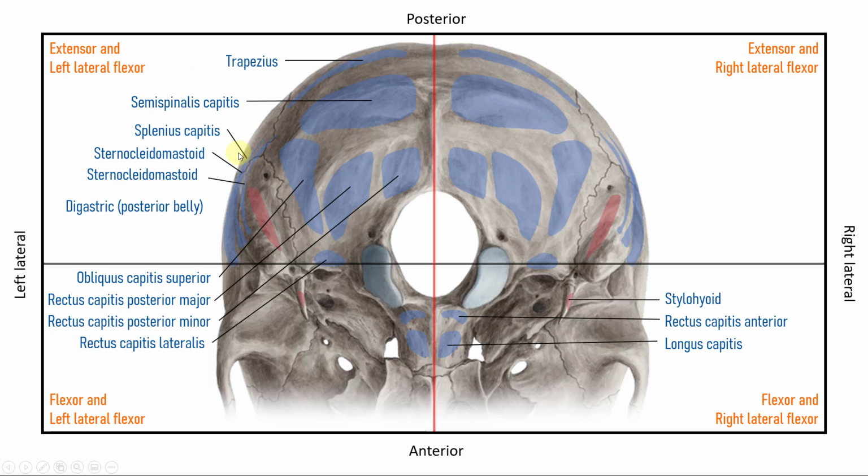You have your splenius capitis, and then you have your longissimus capitis that comes down and pulls laterally. Then you have your suboccipital muscles here, and you can see that they're involved in lateral flexion. So there are a lot of intrinsic muscles that are new, but we have some muscles here that are somewhat familiar to us.